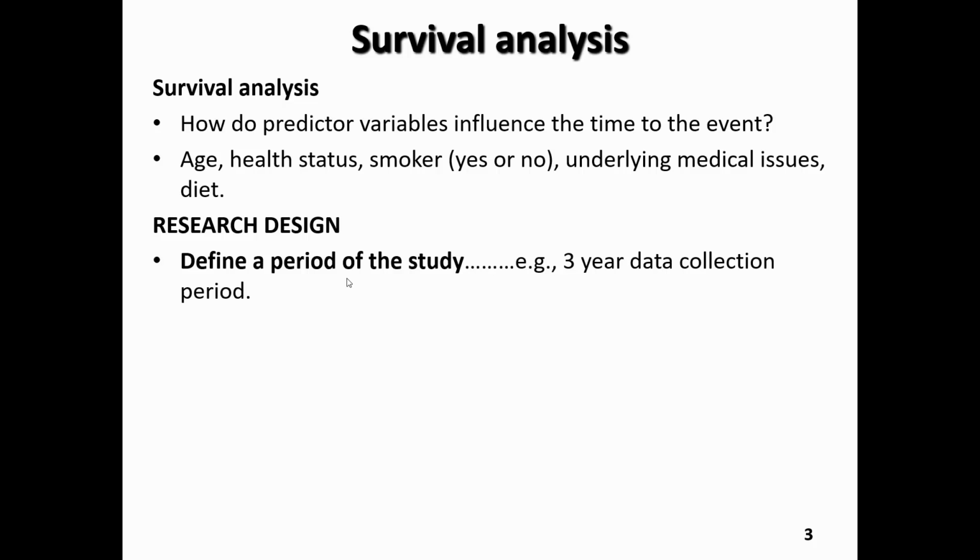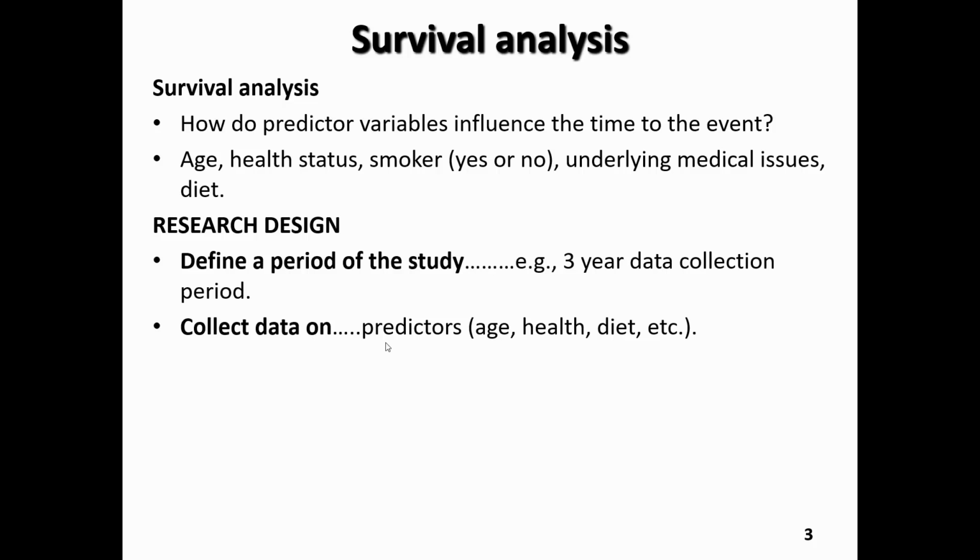Oftentimes it has to do with resource allocation, or other times, if resources are not a particular problem, researchers may base that period of the study on the particular condition and the time it usually takes for a condition to manifest. So this is all time-based monitoring in this type of study design.